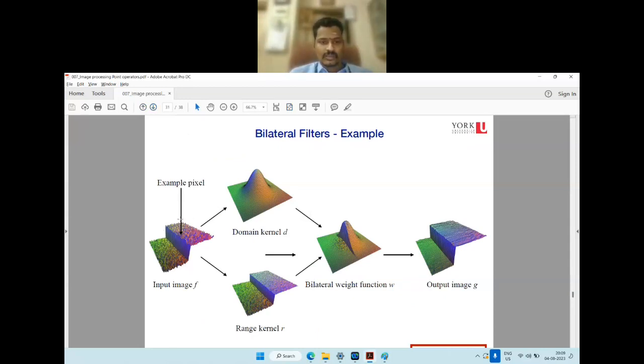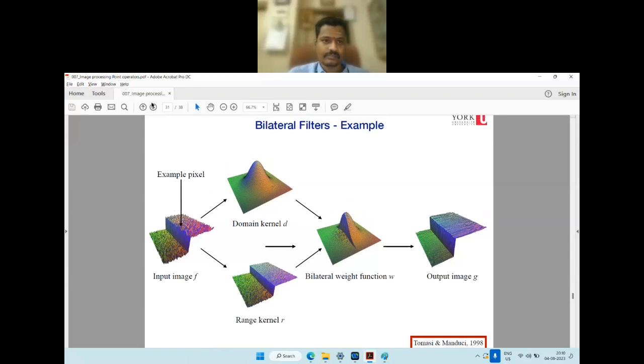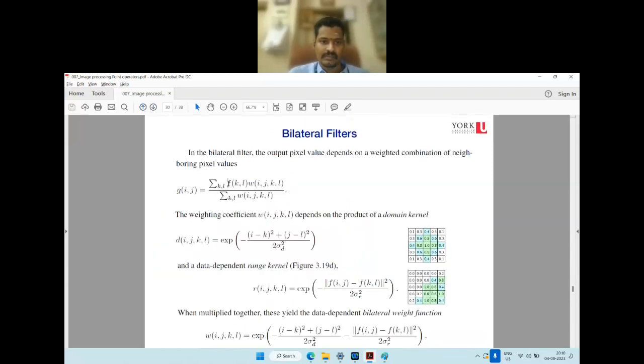So there is an input image, which looks like this, and there is a domain kernel which yields a normal curve, and there is a range kernel which smoothens the image. Finally, if you apply both the domain as well as range kernel, you will get a bilateral weight function W. If you apply this bilateral weight function over this input image F, then F and W are multiplied for each pixel position.